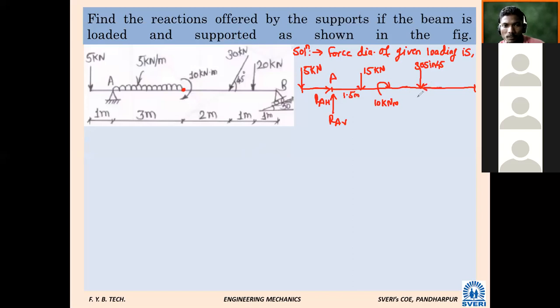Towards left: 30 cos 45. Then this 20 kilonewton, there is not much challenge. 20 kilonewton directly. Next, RB reaction. Is it vertical or inclined?